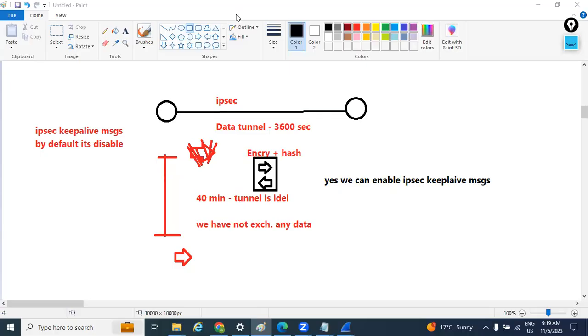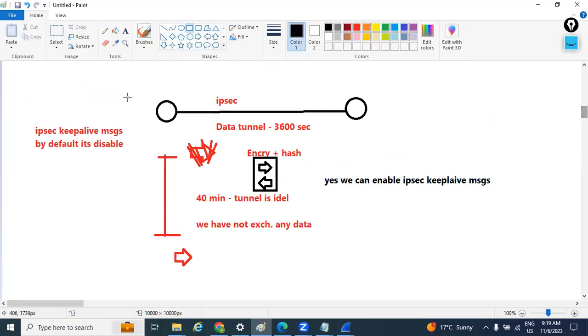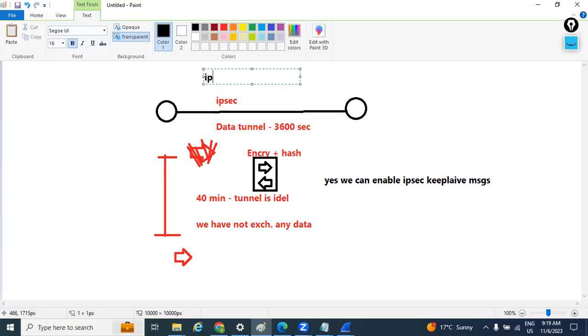Let's consider, I think I'm only not able to explain. So let's consider, for example, keep alive messages are enabled here. We have IPsec keep alive messages, which are enabled by default, for example.